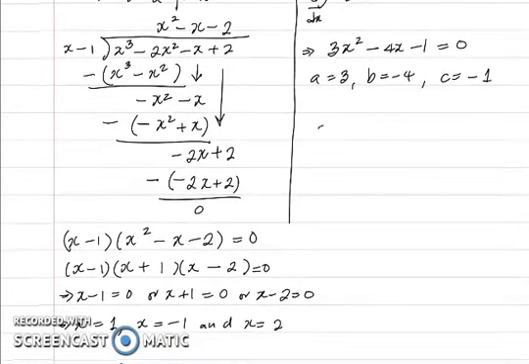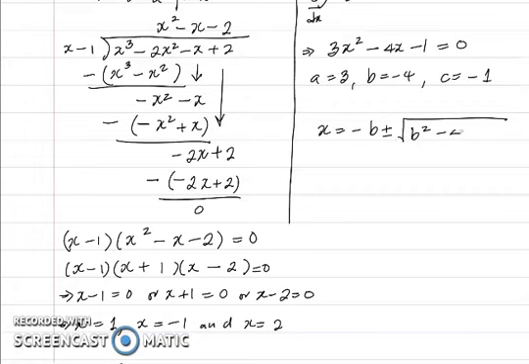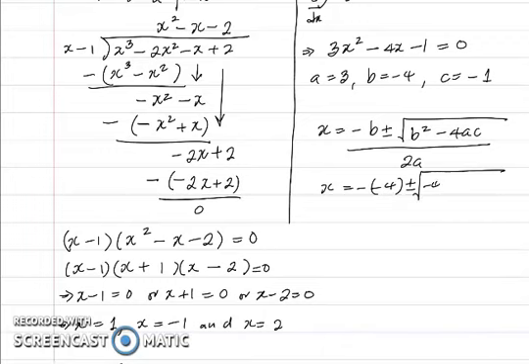Now, x would be equal to minus b plus or minus the square root of b squared minus 4ac, all over 2a. Let's put in our values. So x would be equal to minus minus 4, plus or minus the square root of minus 4 squared minus 4 times a, which is 3, times c, which is minus 1, all over 2 times a, which is 2 times 3.